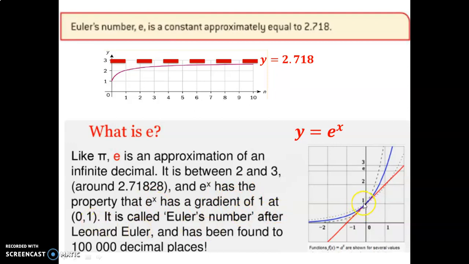So at this point right here, at 0, 1, the slope, which is represented by this tangent or red line here, has exact slope of 1. Okay, so as you remember, slope changes at each point on a graph, and we use a derivative to find that slope. So there's all kinds of slopes along that blue curve, which is this function, but exactly at that point, the slope is exactly 1.